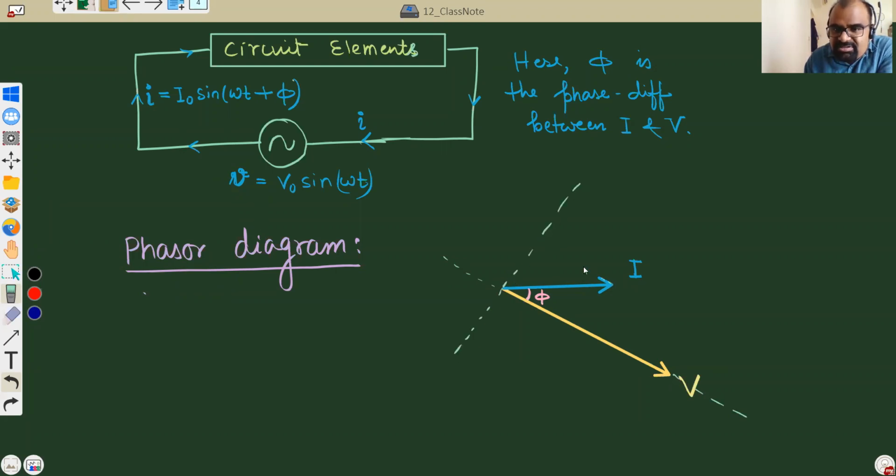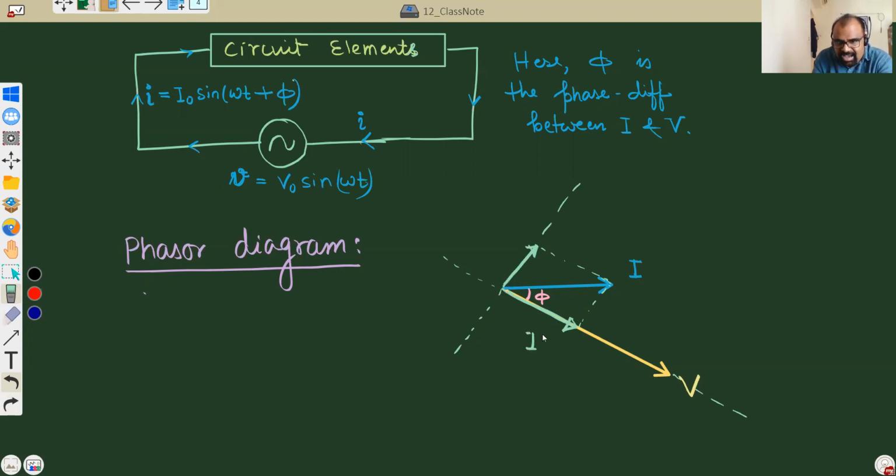From the tip of the current, we draw two perpendiculars in order to resolve it. Then one component will be from here till here, and one component will be from here till here.